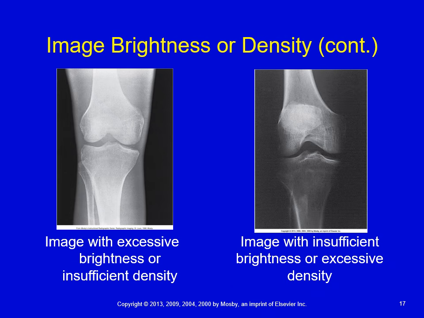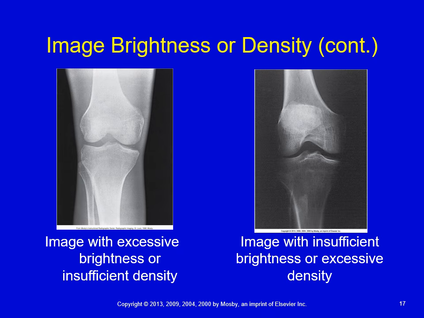All right, so now we're going to look at a visual and try to describe what we're seeing in terms of those terms that we saw in the last slide, which were brightness and density. So we're going to start off with the image on the left, which is lighter than the image on the right.